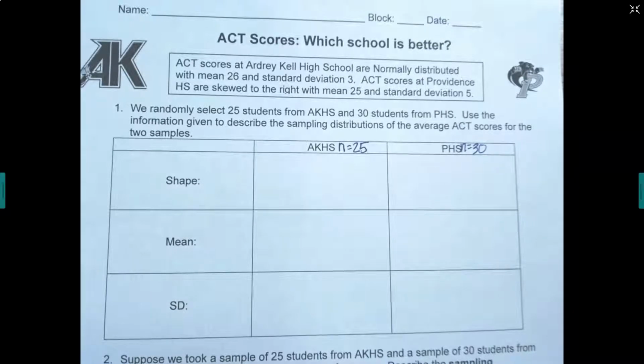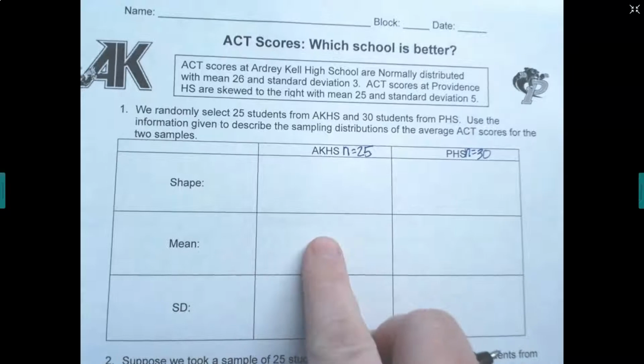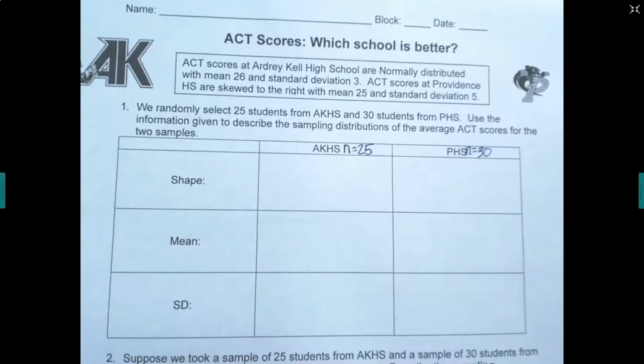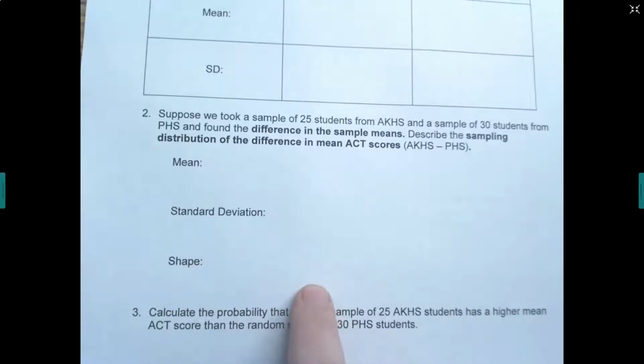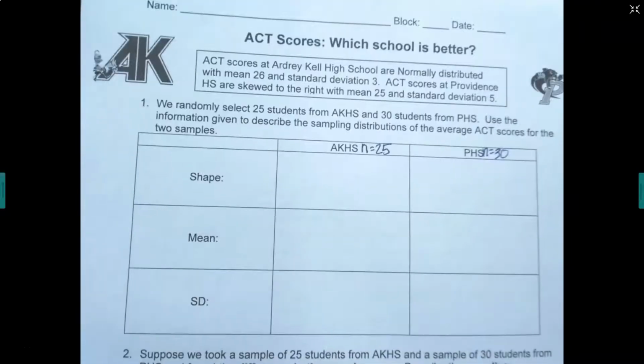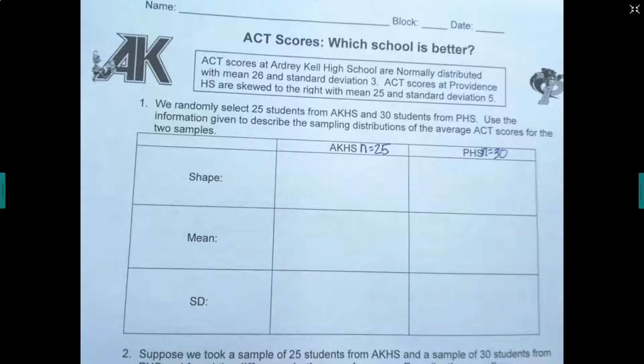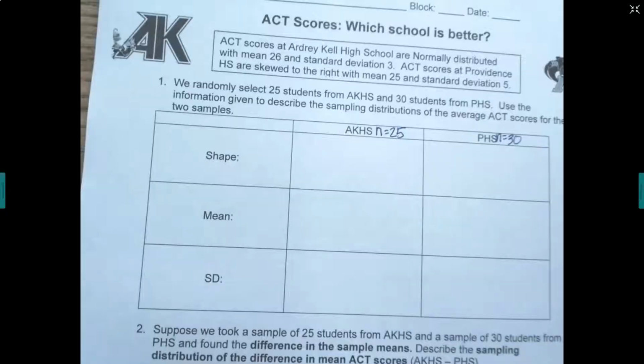So we're going to use the information given to describe the sampling distribution of the average ACT scores in the two samples. So this is when we're talking about one sample. We did that with our proportions too. Down here we'll talk about the difference between them. Okay, so we're talking about one distribution at a time.